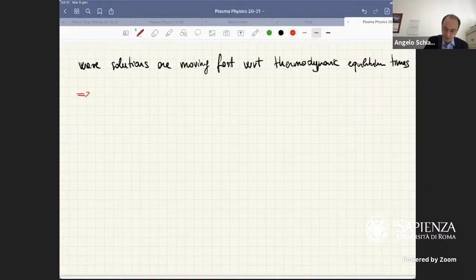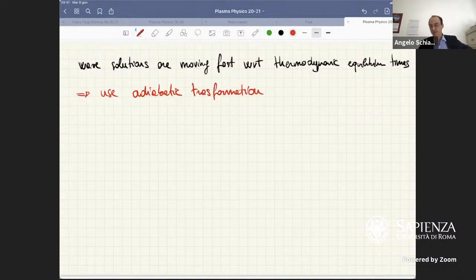So we can define the transformation corresponding to the wave phenomenon as an adiabatic transformation. And this is the same that happens for acoustic waves, for instance, in a gas, where the transformation that links different points and states in an acoustic wave propagation are linked by an adiabatic transformation.